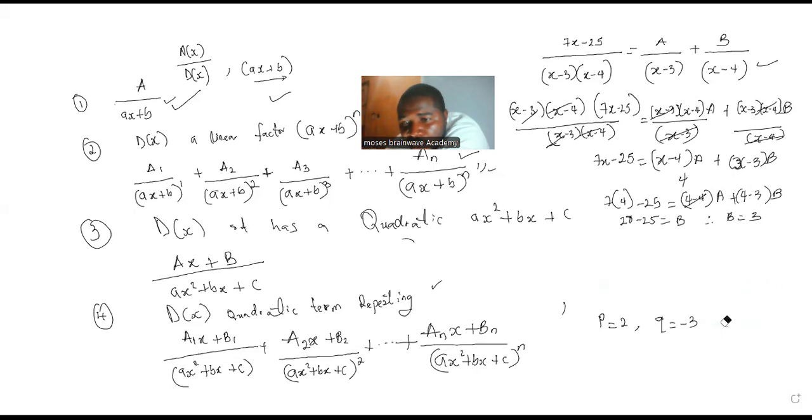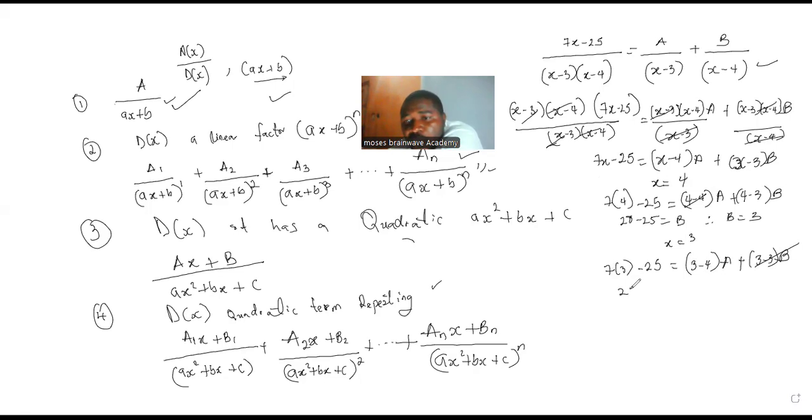Now, let's do for a. It's very crucial. Here, let's set x to be equal to 3. So we'll have 7 into 3 minus 25 should give us 3 minus 4 of a, then plus 3 minus 3 of b. You can see that b is gone.